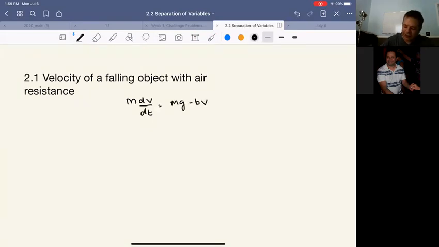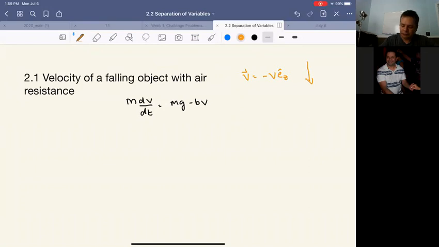Here we're going to assume a couple of things. One, if we want to think of velocity as a vector, it is going to be negative v in the z direction, so it's just pointing down.